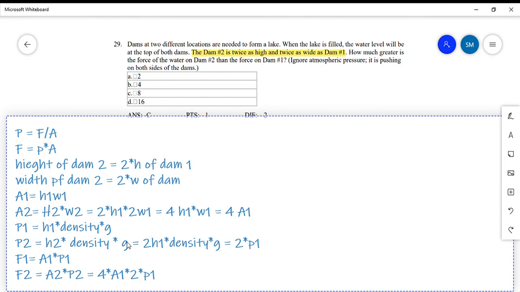So 2 times 4 is 8, 8 A1 P1. So the ratio between F2 and F1 is 8.